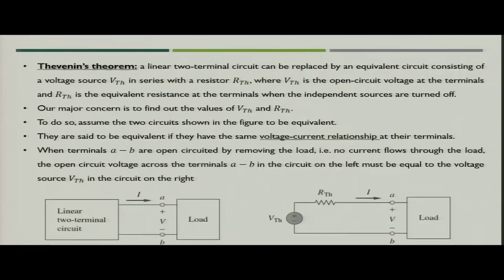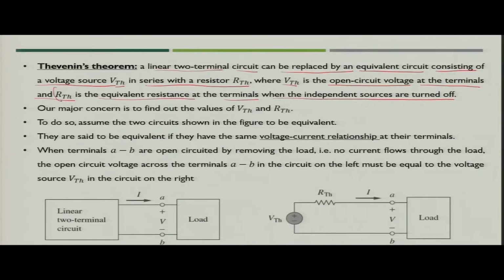So, what does Thevenin's theorem say? A linear two terminal circuit can be replaced by an equivalent circuit consisting of a voltage source VTH in series with a resistor RTH, where VTH is the open circuit voltage at the terminals and RTH is the equivalent resistance at the terminals when the independent sources are turned off.